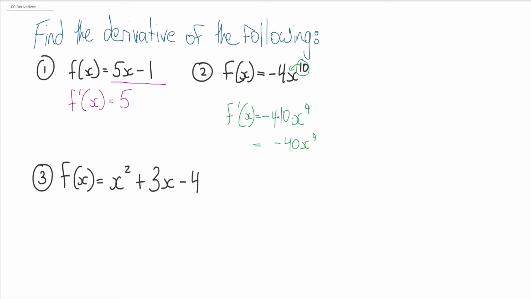And the rule for each term is always the same. So let's do it. F prime of x, is the music too loud? 2x plus 3, and the 3x becomes 3, and the minus 4 doesn't have, or its derivative is 0.